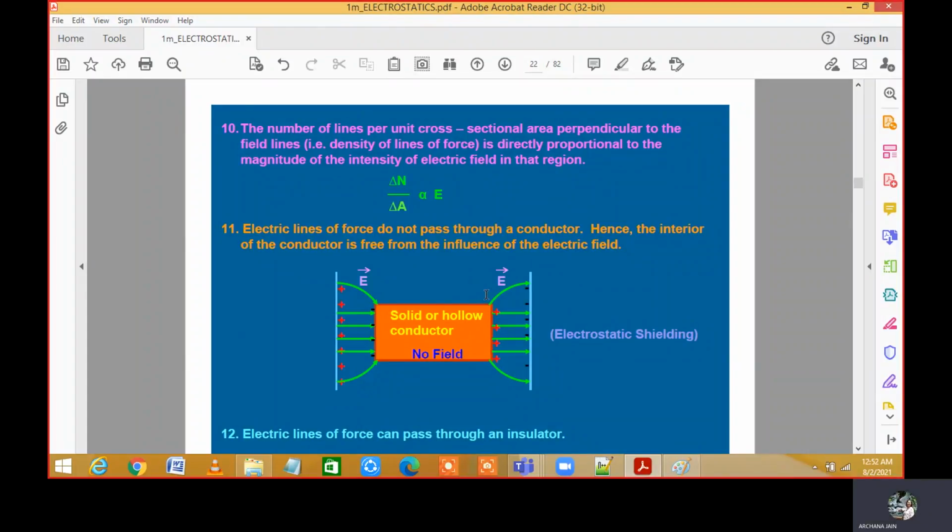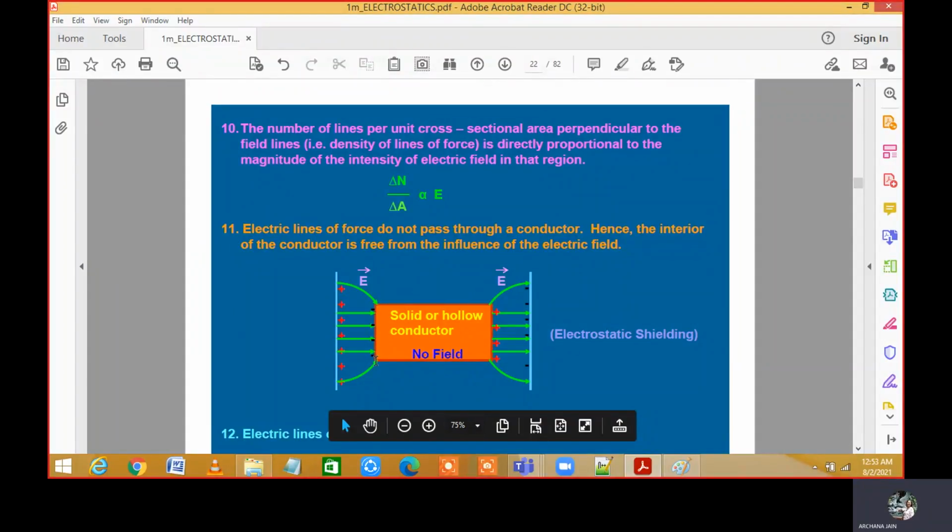Electric lines of force do not pass through a conductor. Hence, the interior of the conductor is free from the influence of the electric field. Inside the hollow or the solid conductor, there is no electric field. Because when we take a conductor in an external electric field, suppose one plate is positively charged and the second plate is negatively charged. That's why the electric field is from the positive to the negative plate. Now we place a conductor in between.